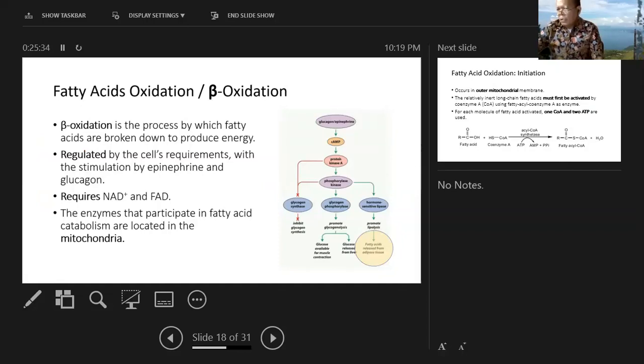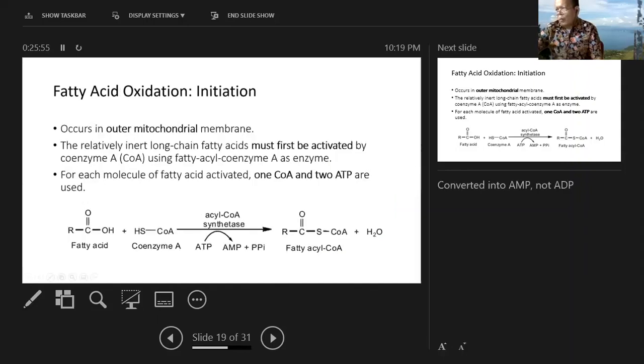The enzymes that participate in fatty acid catabolism are located in the mitochondria. Let's see this one, the diagram of converting fatty acid into small molecules by oxidation, which we call beta oxidation.